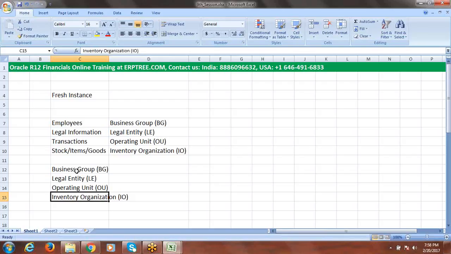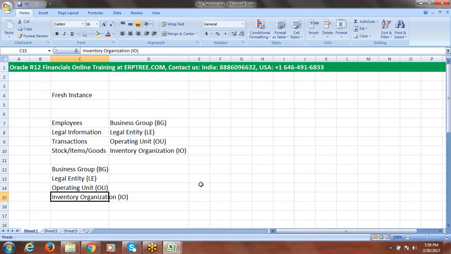So whether it is an employee related transaction or legal or operating unit or inventory organization related information, you have to record the transaction in a systematic way. You have to include on which date you are recording the transaction, what is the description and details of the transaction, and in which currency you are recording.